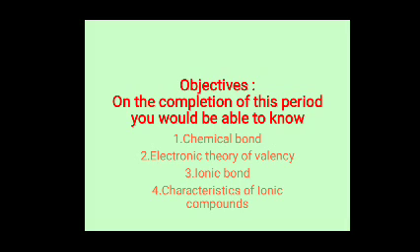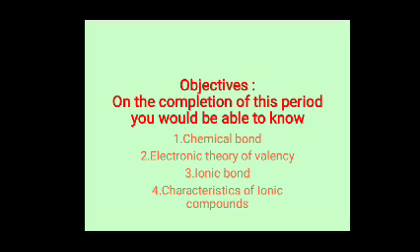What is a chemical bond? How is a chemical bond formed in atoms? Second, the electronic theory of valency. This theory was proposed by Kossel and Lewis. How a chemical bond forms in a molecule between the atoms can be explained by this theory.